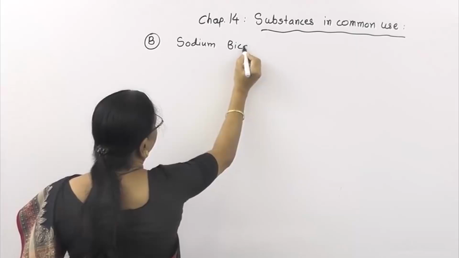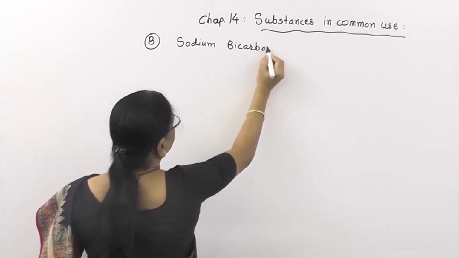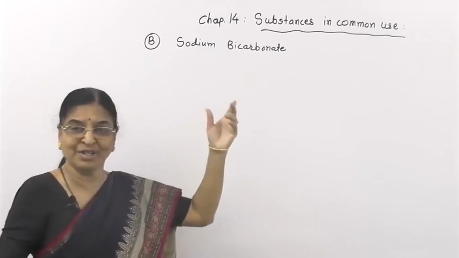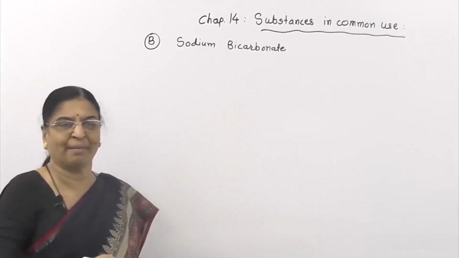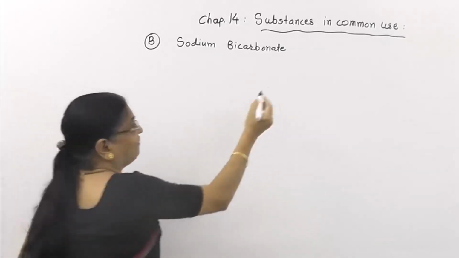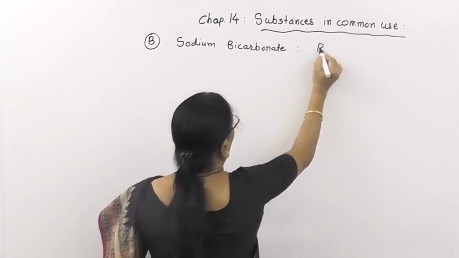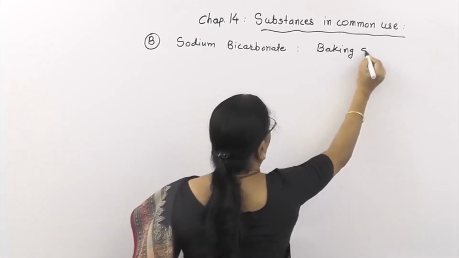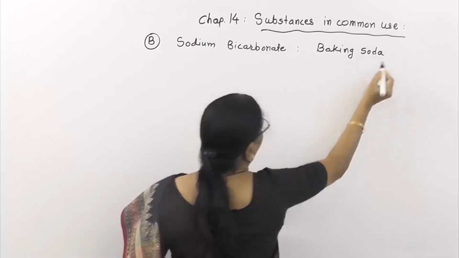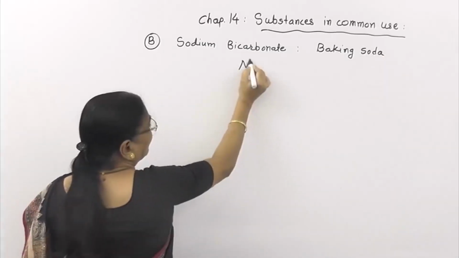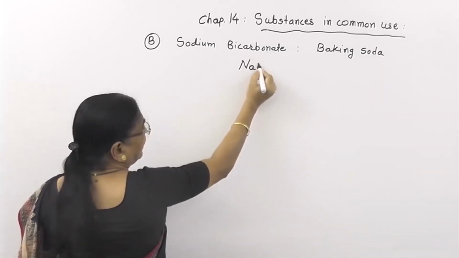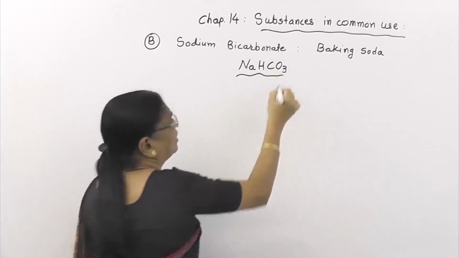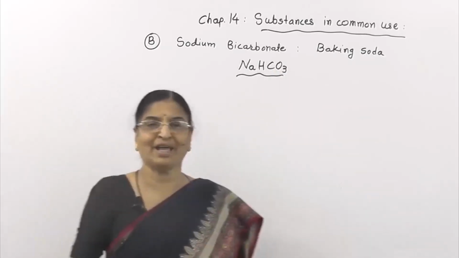This is its chemical name, in chemistry it is known as sodium bicarbonate, but in our everyday life we call it baking soda. So what is its chemical formula then? When bicarbonate is there, it is NaHCO3.